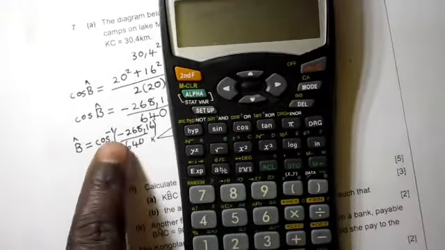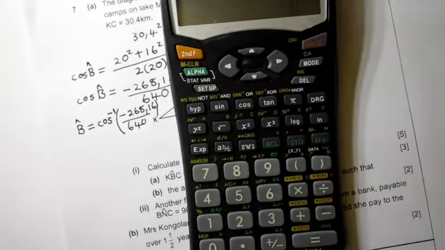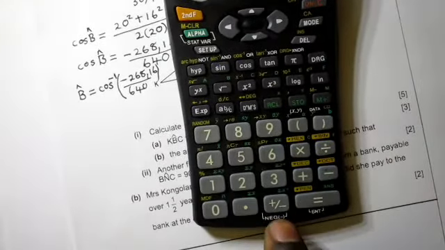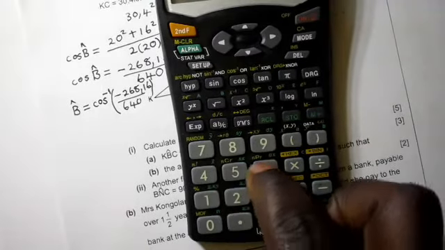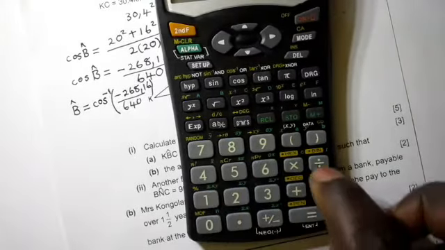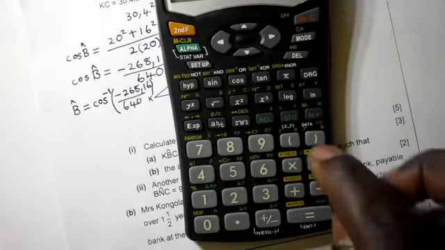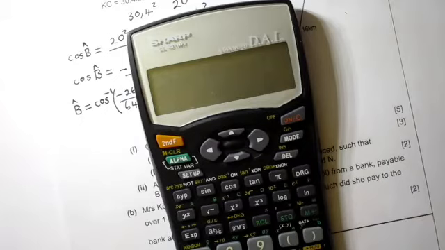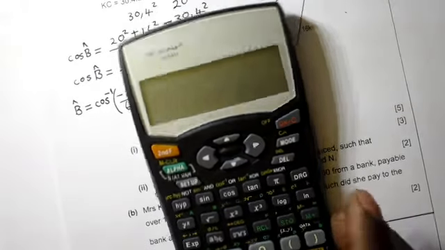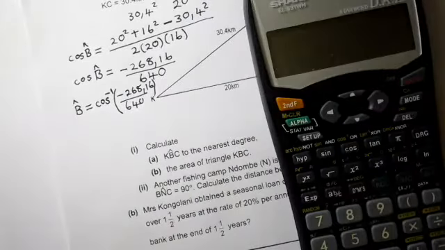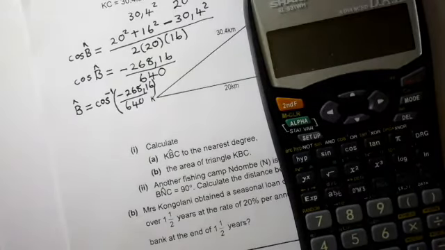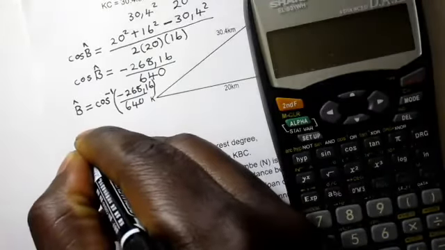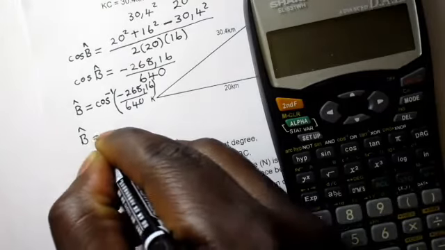Then plus or minus, then you punch 268.16 divided by 640. You close your bracket. You come out with something like this. Equals. It produces 114.8. So B is equals to 114.8.